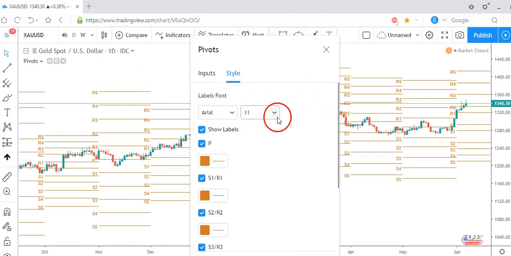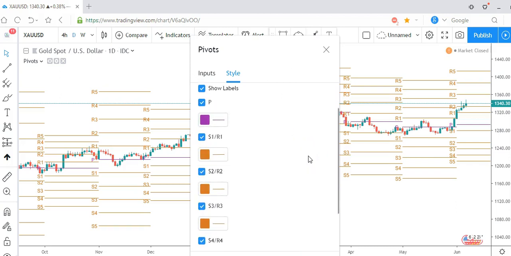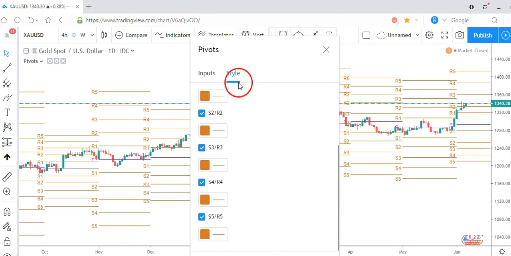You can choose your font size, choose any font style you like. PP, I like changing my PP. I don't like my PP to have the same color with others, so you can make your own be any color. Let's say purple, your PP is purple, and R1, S1, everything.